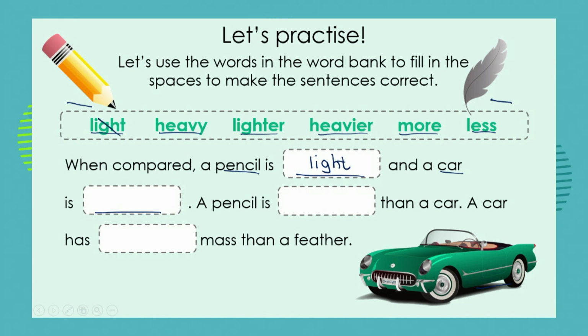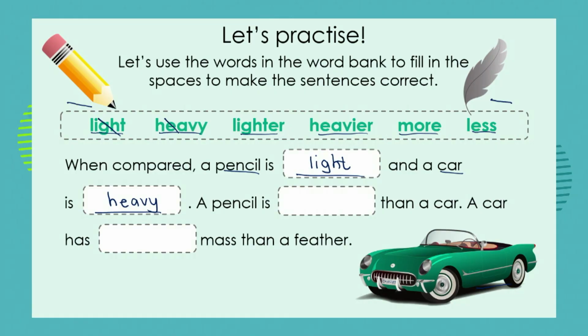And a car is, very good, heavy. So if you try to think of it this way, grade ones, we can easily take a pencil and pick it up with our hand, but can we pick up a car with our hand? No, we can't because it is heavy.